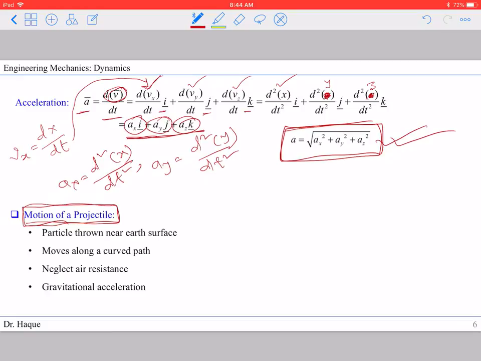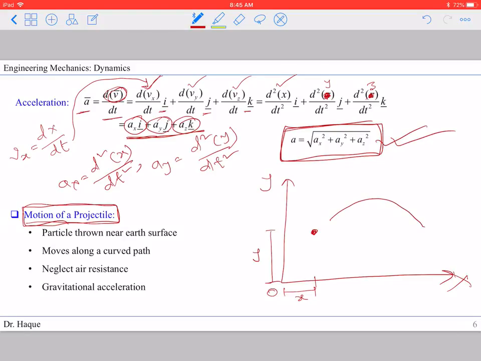When we say that we have a projectile, we can say, in the x and y directions, if my particle was here, which could be at any height y, and x is from origin O, so any position in the x direction, if the particle is thrown and is following a curvilinear path, that's the final position of that particle.